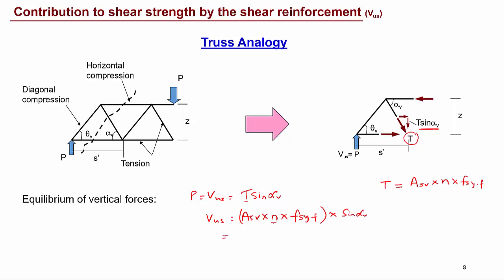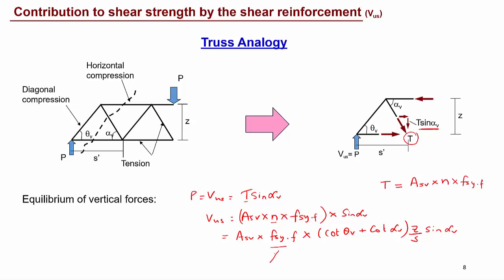So plugging in the equation of N here, from the previous equation, it is cot theta V plus cot alpha V, times Z, divided by S, and then sine alpha V. Now this equation gives us the shear strength contribution from the shear reinforcement.